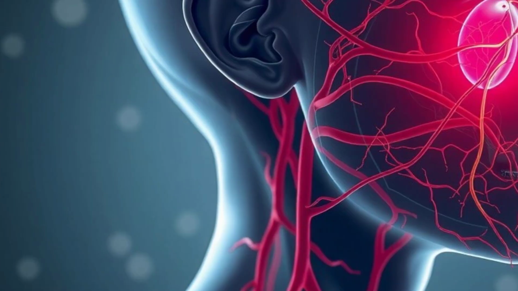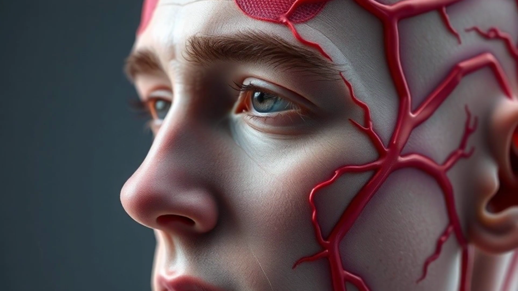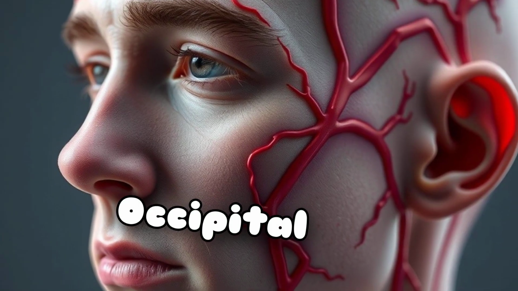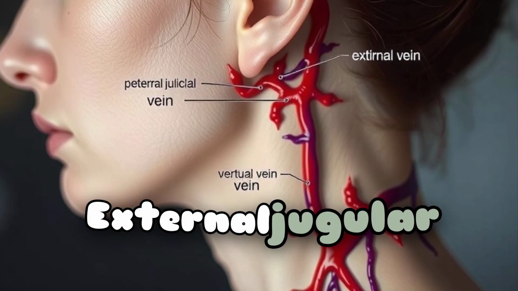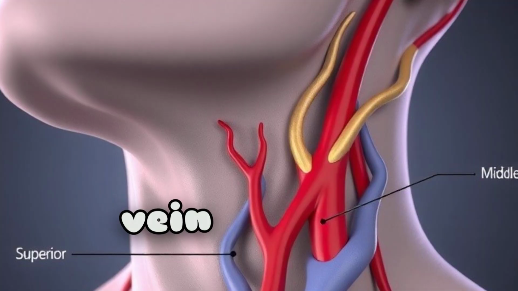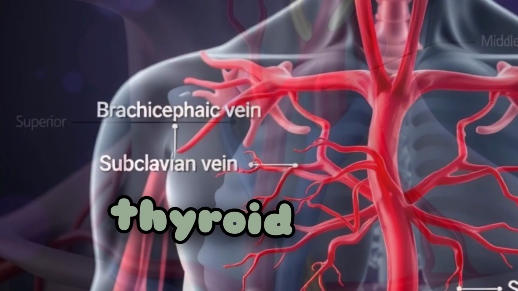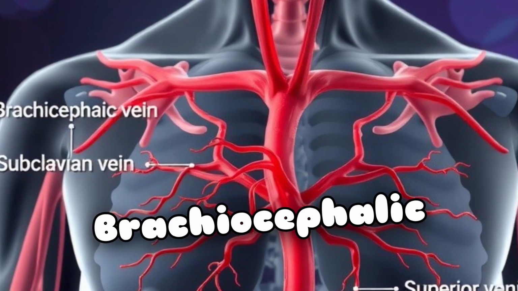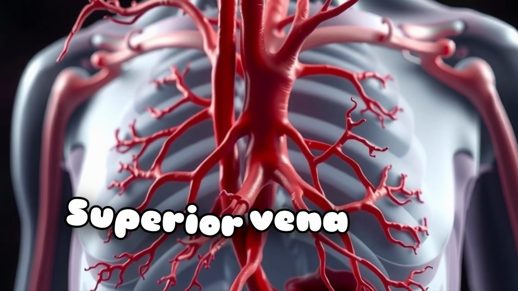Veins of the head and neck: ophthalmic vein, superficial temporal vein, facial vein, occipital vein, posterior auricular vein, external jugular vein, vertebral vein, internal jugular vein, superior and middle thyroid veins, brachiocephalic vein, subclavian vein, superior vena cava.